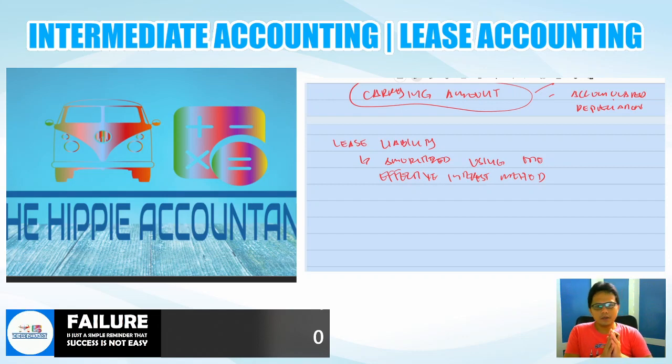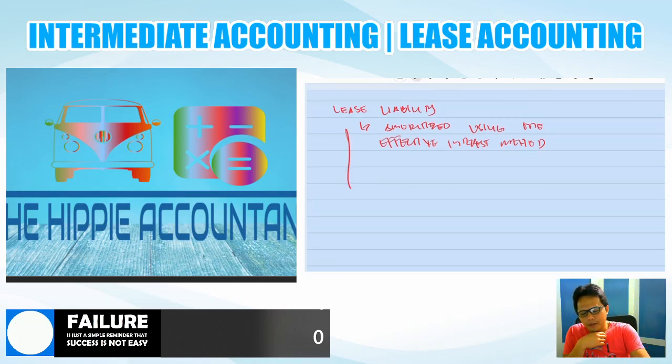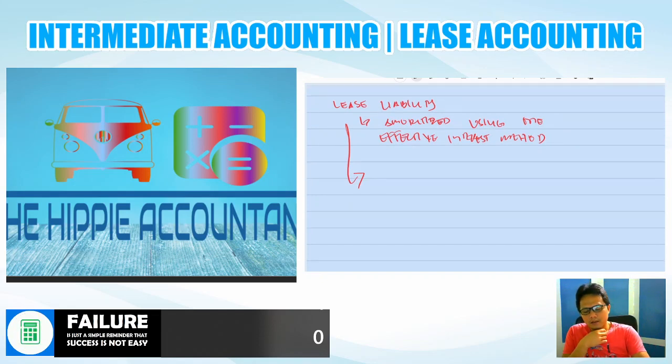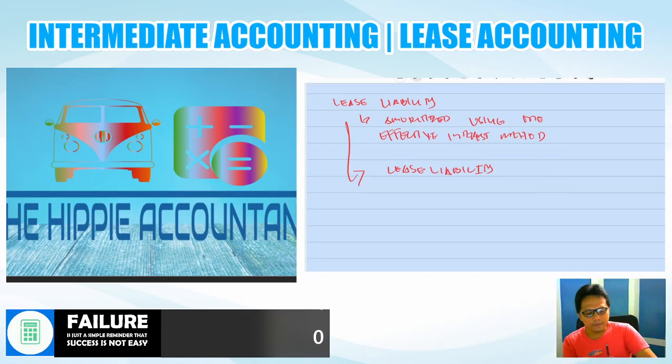Okay? So, in that sense, every time there is payment, our entry basically would be to debit your lease liability because there is payment nga, at an amount equivalent to the applicable principal coming from the gross rental payment. And also, there should be recognition of interest expense.